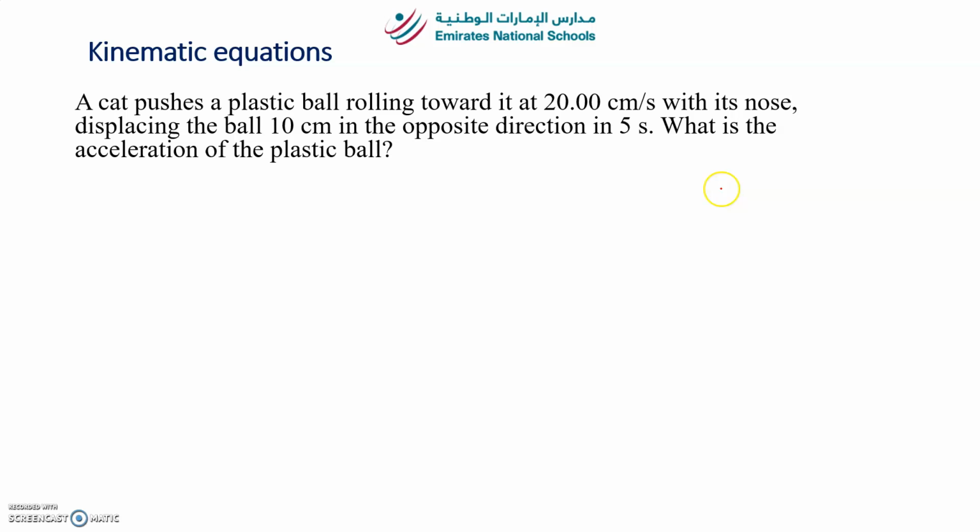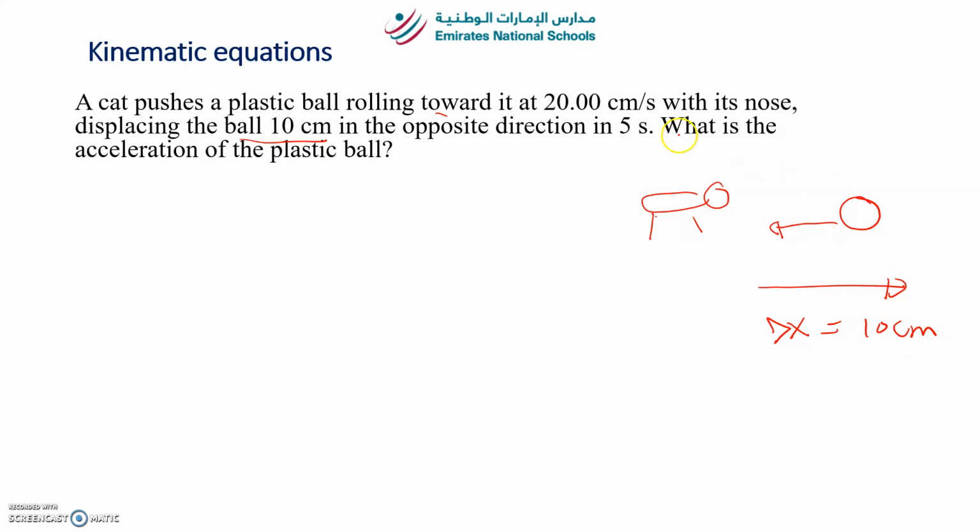So the cat, here is the cat, is pushing the ball toward it. This is the direction. Displacing the ball 10 centimeter in the opposite direction, so the ball will move in the opposite direction. Delta x is 10 centimeter.